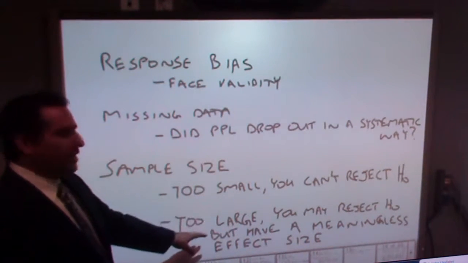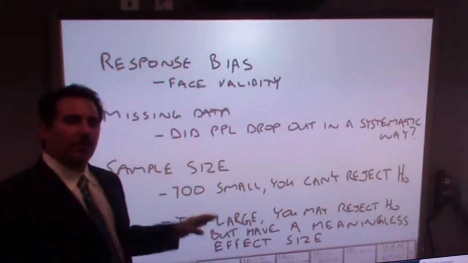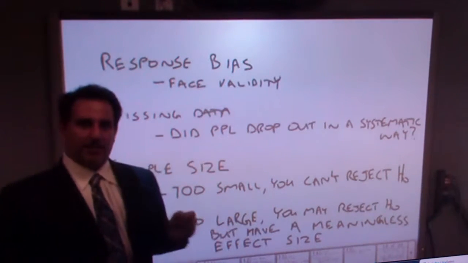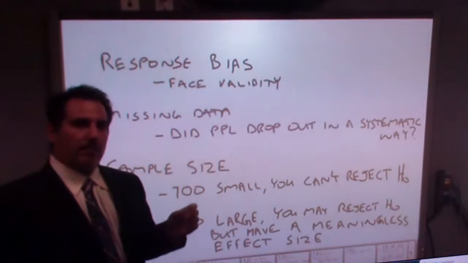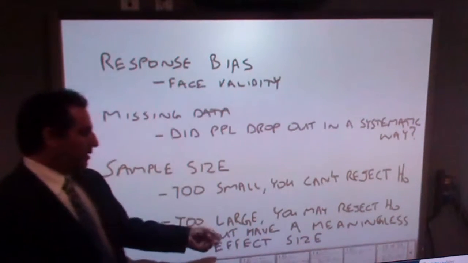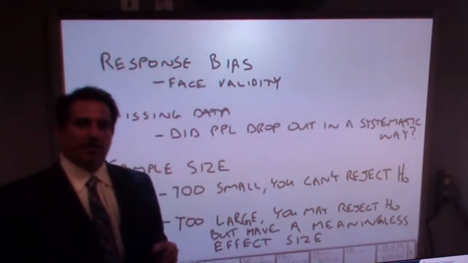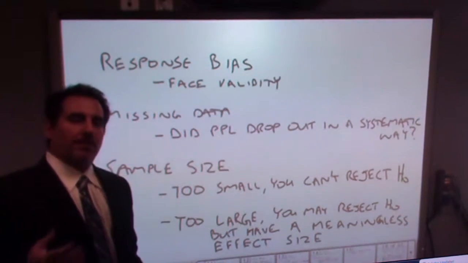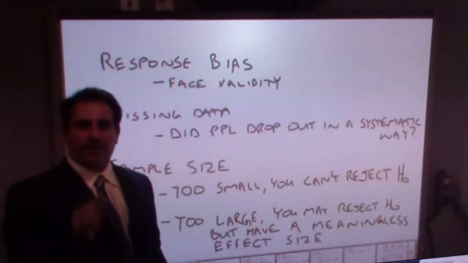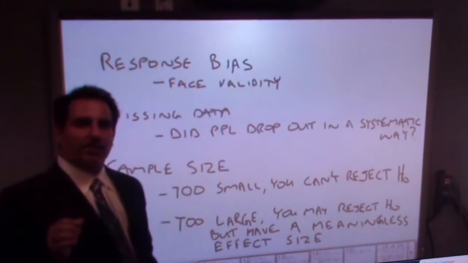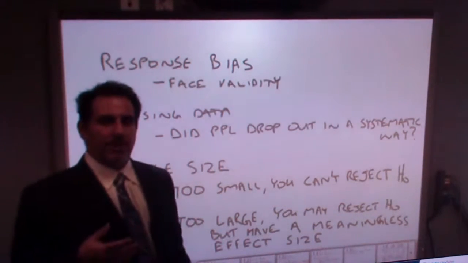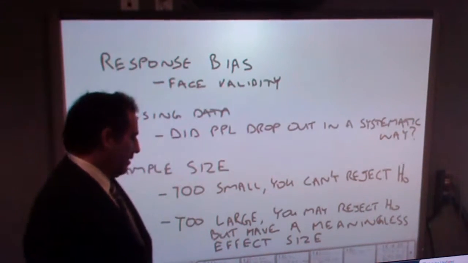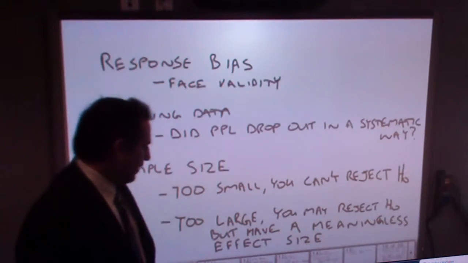Conversely, if your sample size is too large, you may well end up finding a statistically significant difference, but the effect size would be so small as to be practically meaningless. In other words, there's no practical application for knowing that there's a significant difference between groups if the actual difference is so small as to be negligible. So these are things to consider.